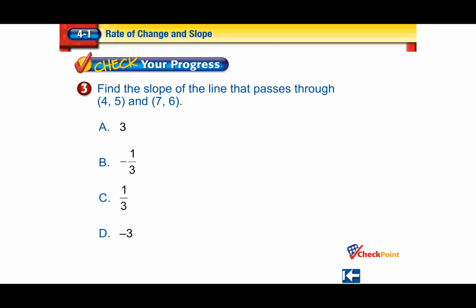All right, you try. Go. Okay, going quick here. So I'm going to call this x1, x2, and this y1, y2. And I'm going to put that in the formula: y2 minus y1 over x2 minus x1.